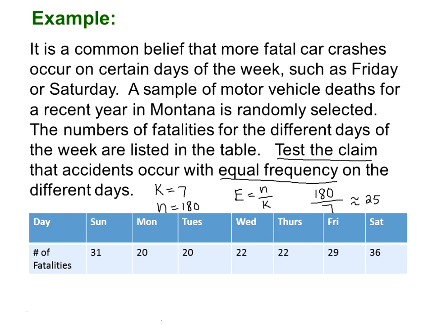I'm just going to leave it so that we know we need to be careful with our rounding. I'm going to keep it to a couple of decimal places there, so about 0.71429, just to be careful with that. But we can go ahead and store that into our calculator. So about 26, we would expect that if accidents occur with equal frequencies, then we would see about 26 every day.